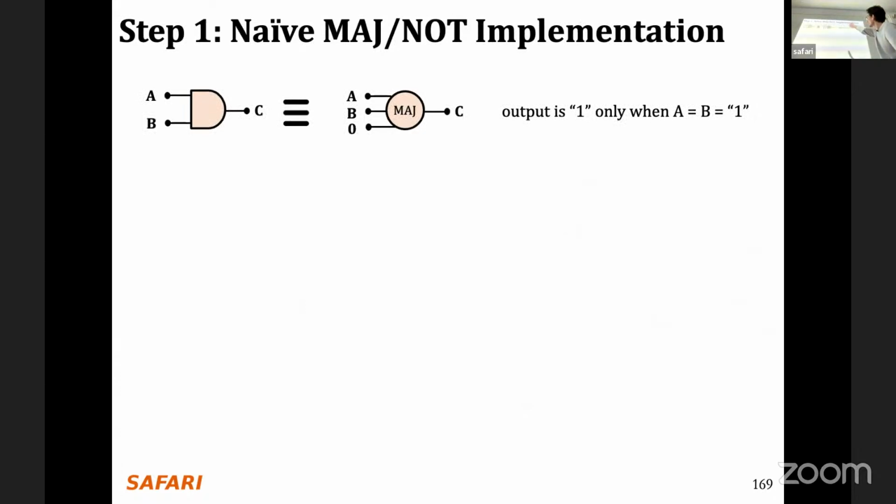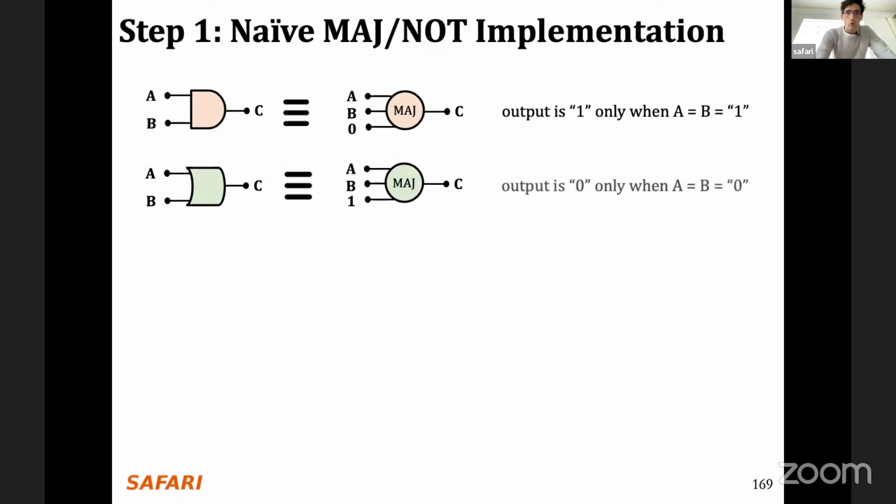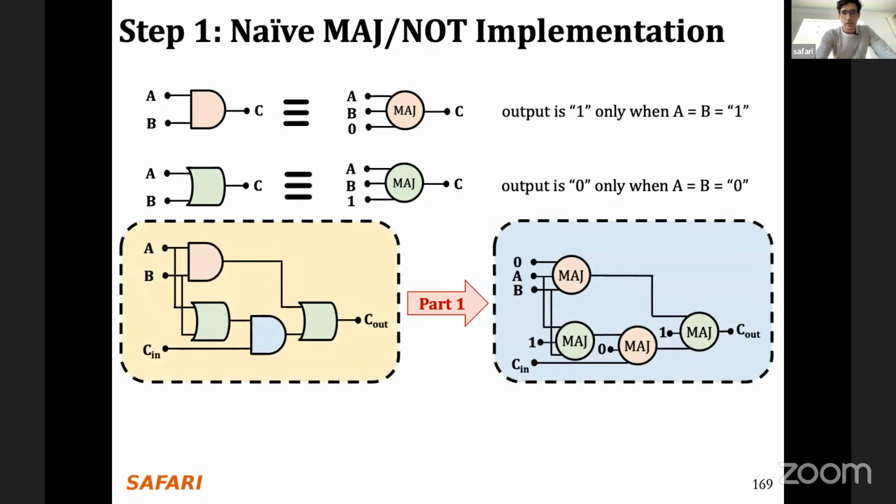Remember, an AND is a majority where one of the inputs is fixed to 0, and OR is a majority where one of the inputs is fixed to 1. Remember as well that Ambit supports a majority natively. That's what it basically supports. So in the first step of SIN-DRAM, what we do is converting this AND-OR-NOT representation into a majority-NOT representation.